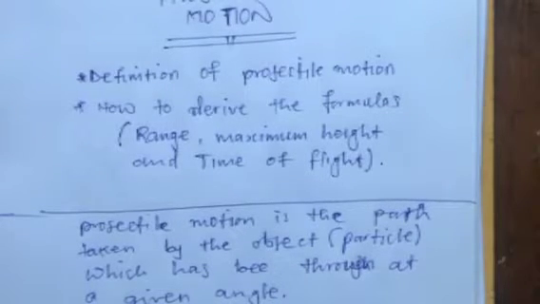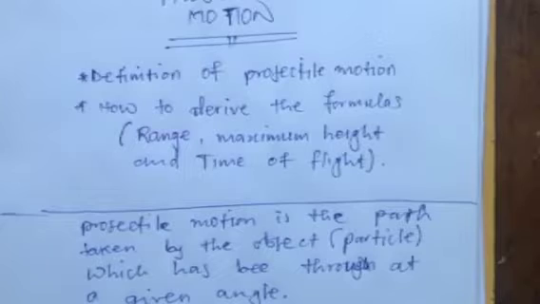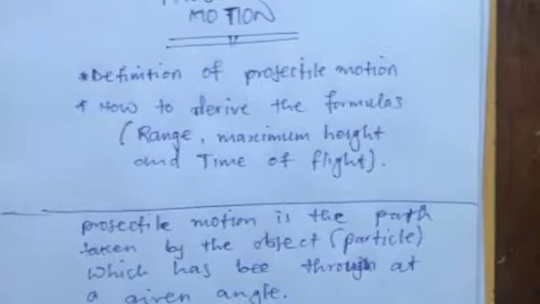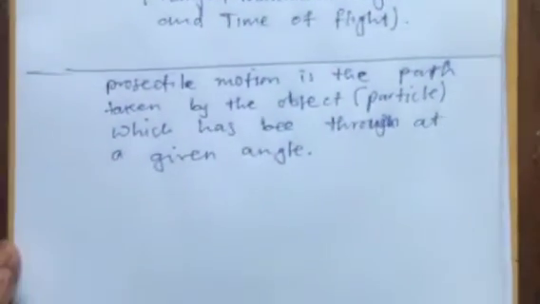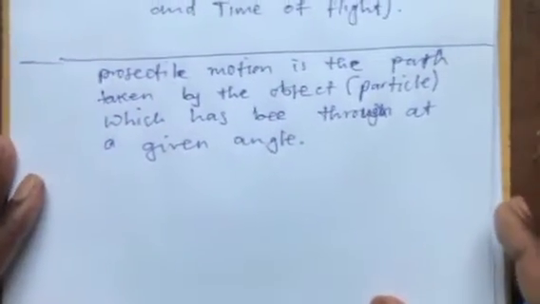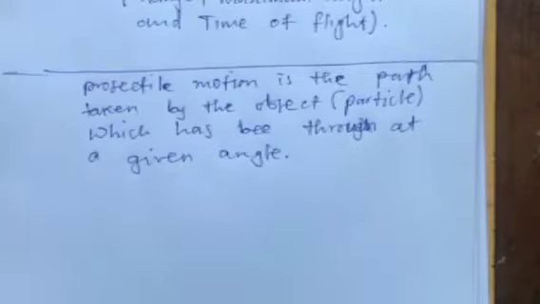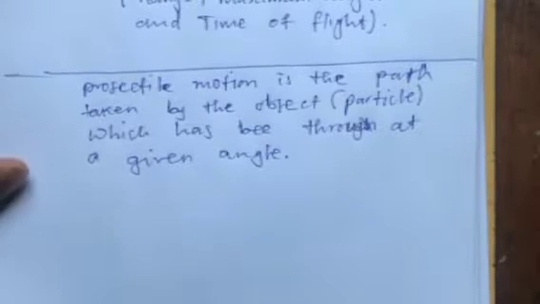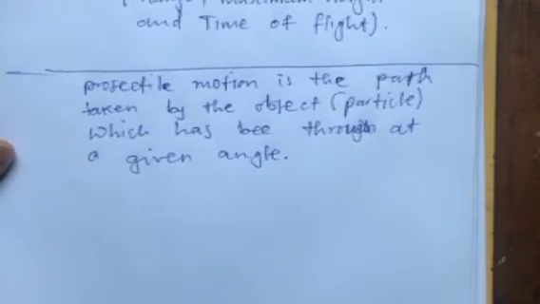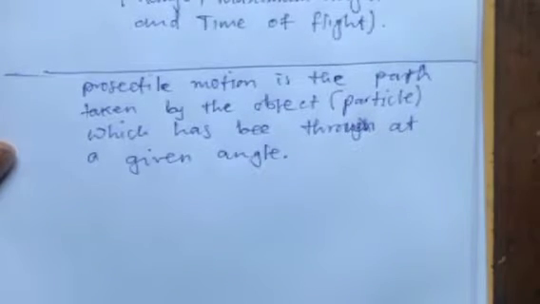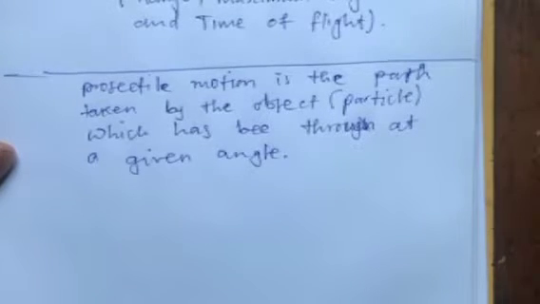Now, what are some of the scenarios that you are likely to follow, and what are you supposed to understand under projectile motion? If you're trying to throw an object, or maybe let's say the object is moving. Remember, in dynamics, we talked about some of the laws that are applied whenever an object is moving.